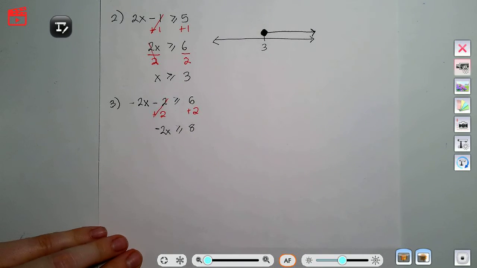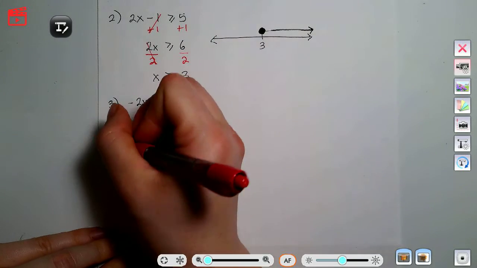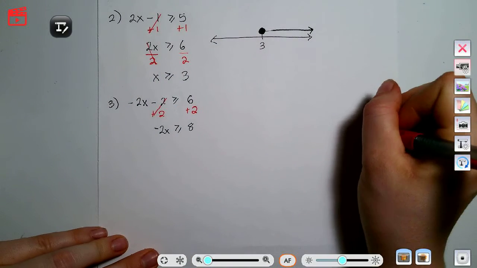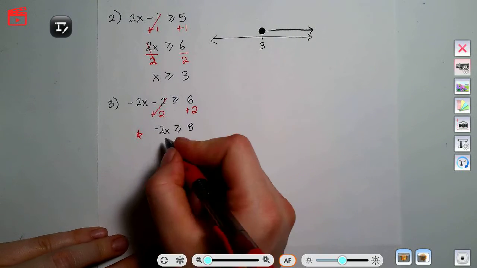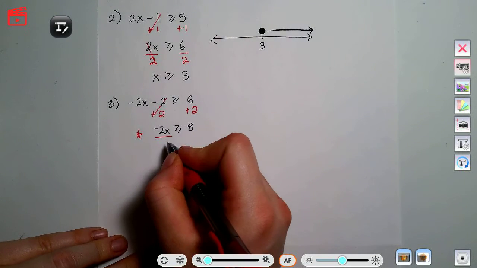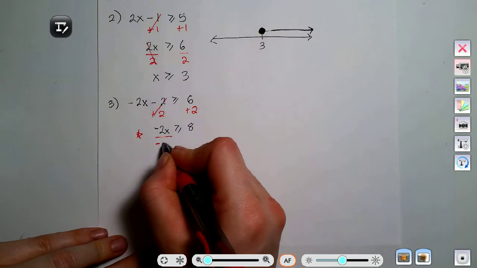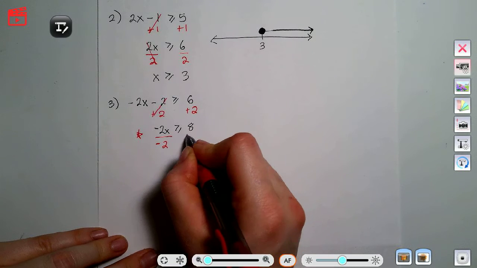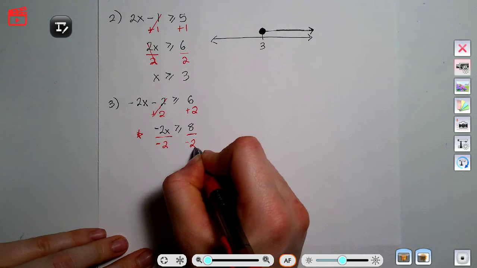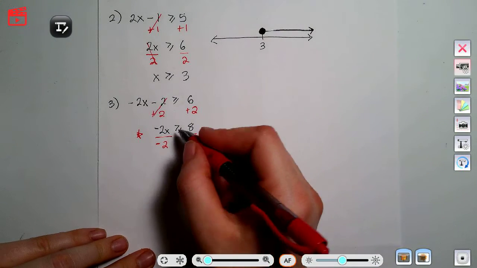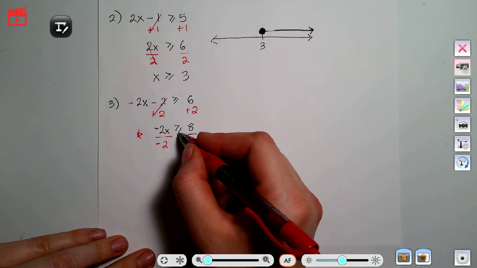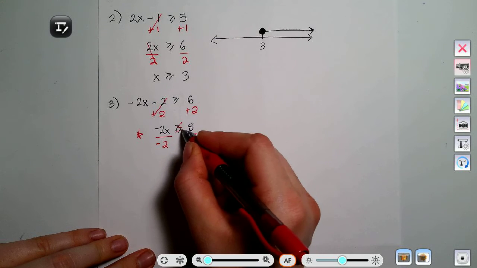All right, so now this is where you need to be careful and pay attention. This is where inequalities differ from equations. Okay? So this is the important step. So notice, to get x by itself, I'm going to be dividing both sides by a negative 2. When we do this with inequalities, our sign is going to flip. Okay, what do we mean by that? Well, what's the opposite of greater than or equal to? It's less than or equal to.